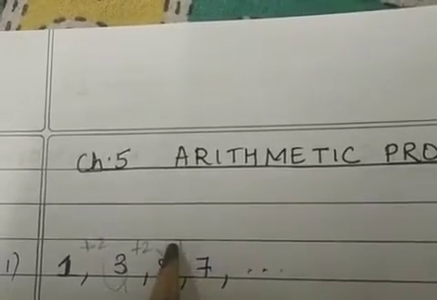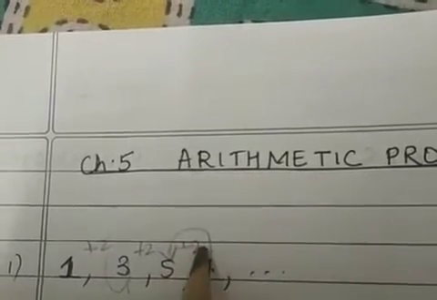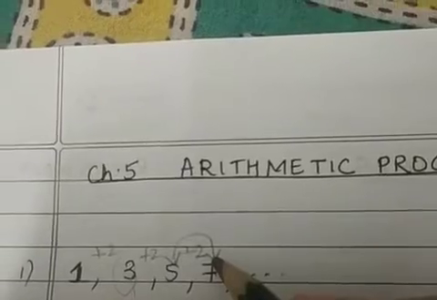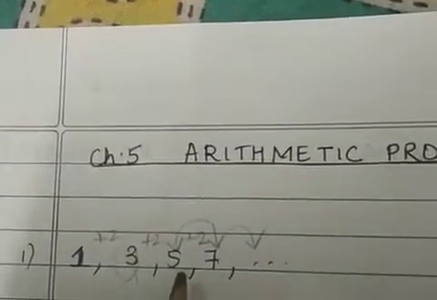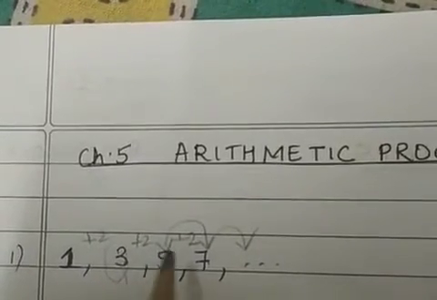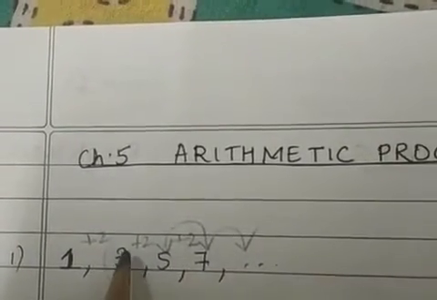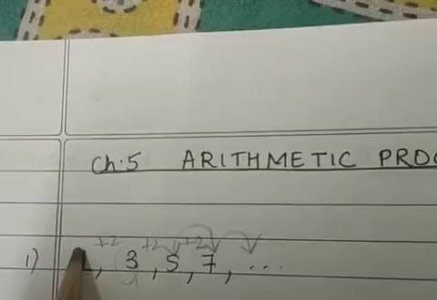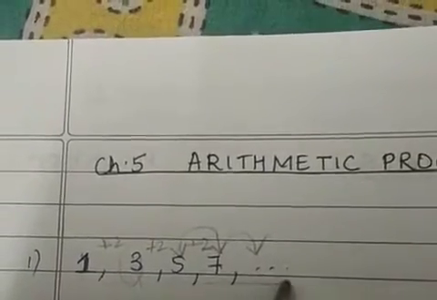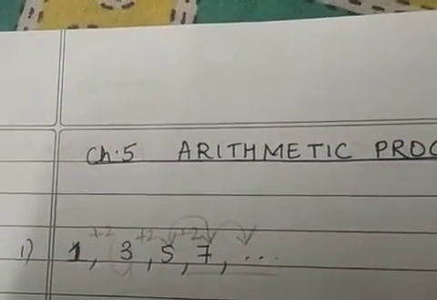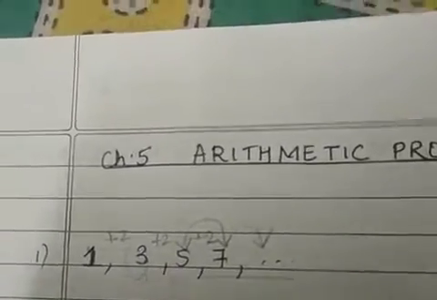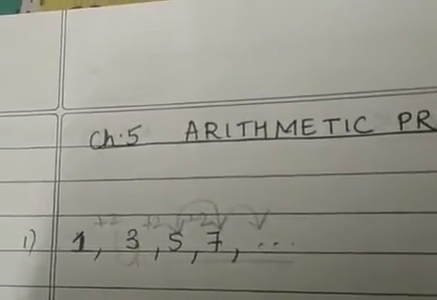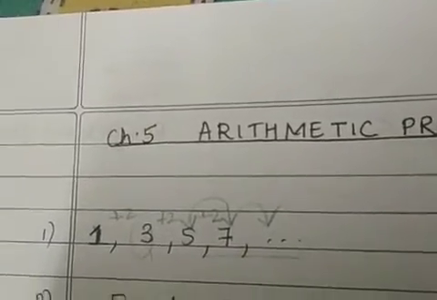When I add 2 to 5, I get 7. Similarly, when I add 2 to 7, I'll get the next number. So you can see each number is obtained by adding 2 to the previous number. So this set of numbers follows a certain pattern. The pattern is you obtain the next number by adding 2 to the previous number.